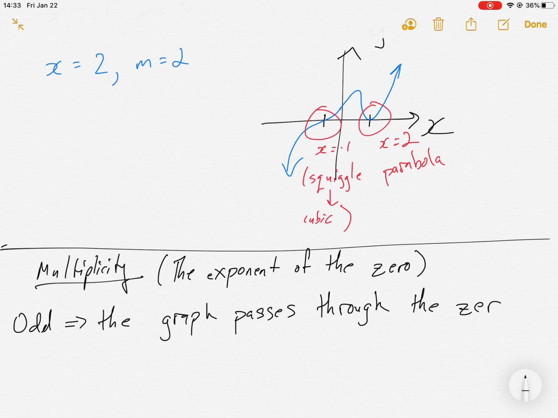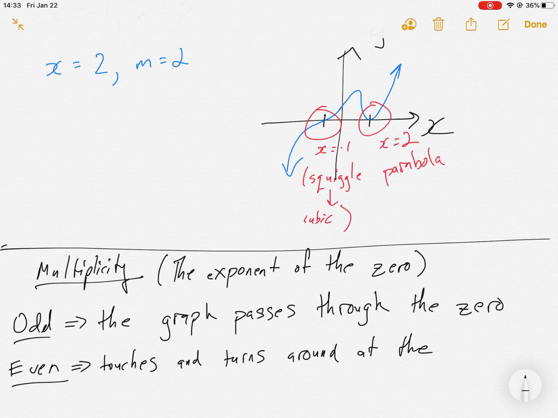If it's even, it touches and turns around at the zero.